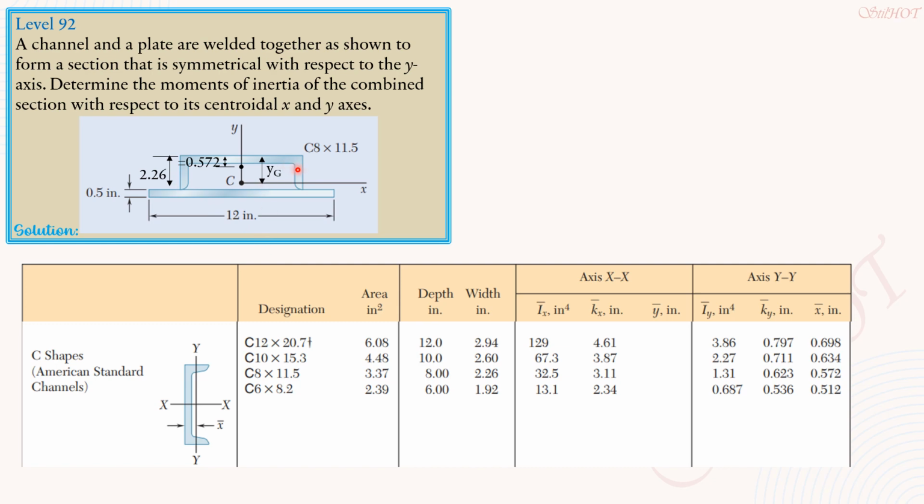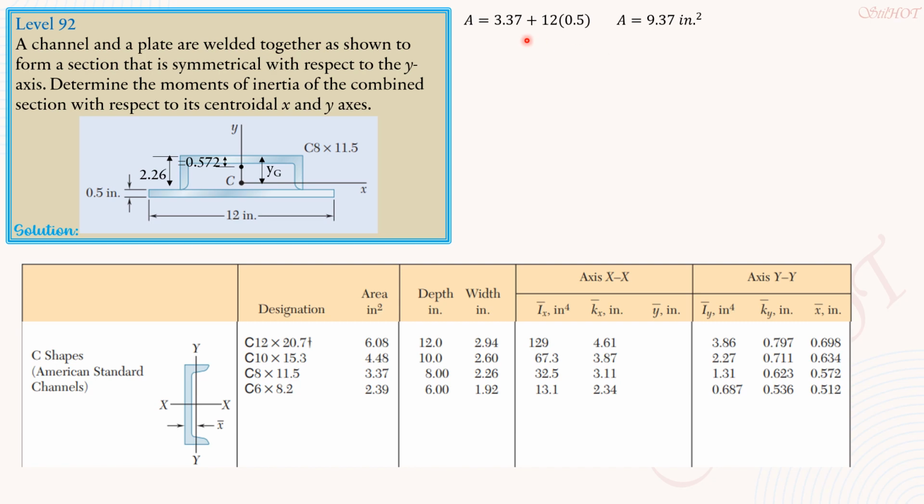So area is area of the channel plus area of the plate. So area is 3.37 plus 12 times 0.5. In other words, the area of the plate is 6 square inches. So 3.37, which is this, the area of channel 8 by 11.5. So area therefore is 9.37 square inches.